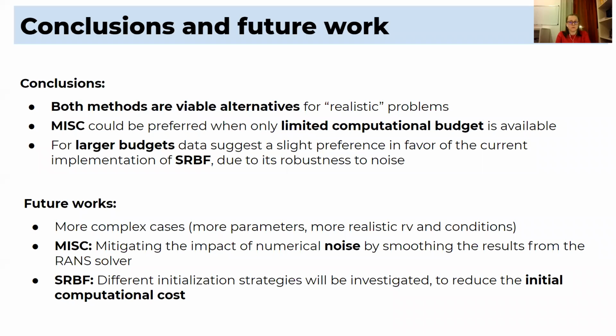So if we would find a strategy to reduce this, it would be really interesting. And of course, also considering more complex cases, including more parameters, more realistic random variables and conditions, is something we would like to investigate in the future.